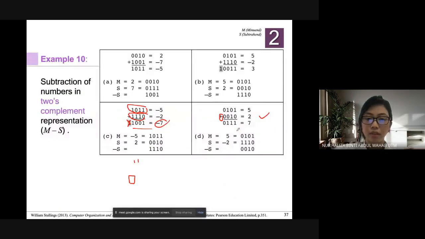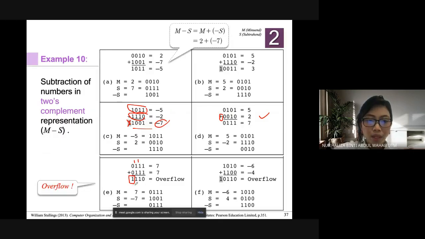Okay, over here. So you can see this is negative. This is your sign bit. Suppose it has to be 0, but it is 1, so it's going to be set as overflow. In the example above, the correct one, you can see there is no overflow because it is positive.